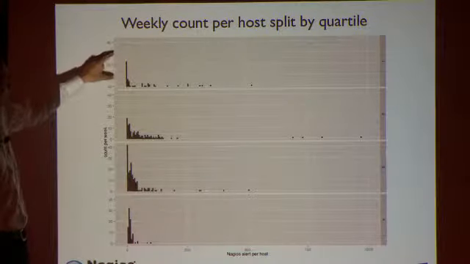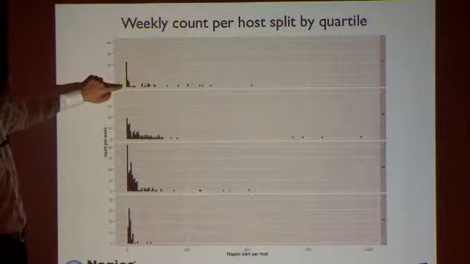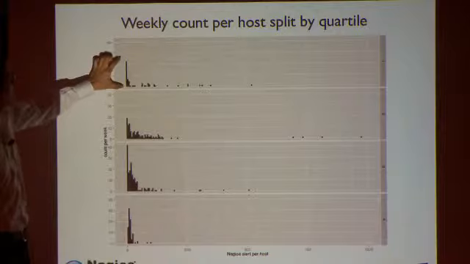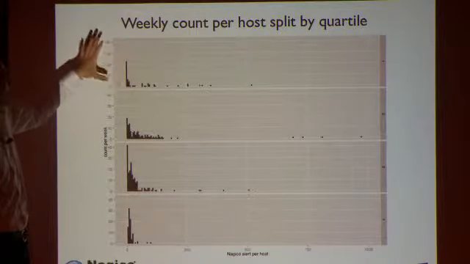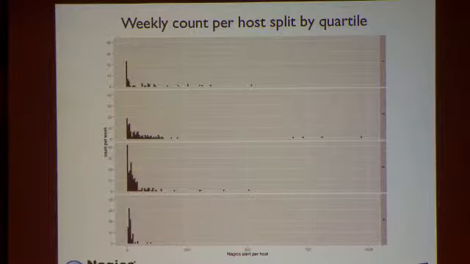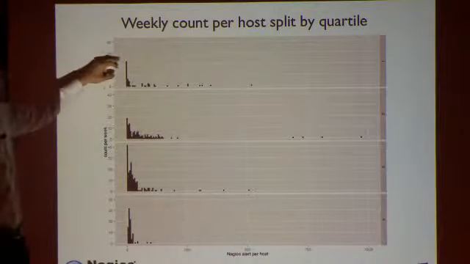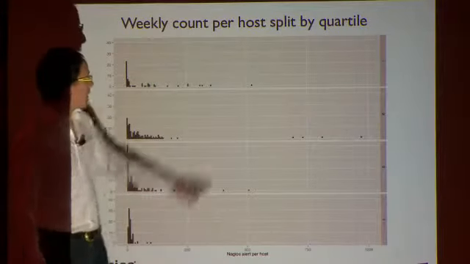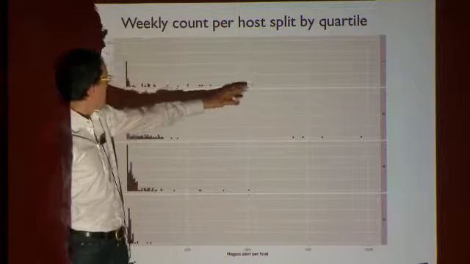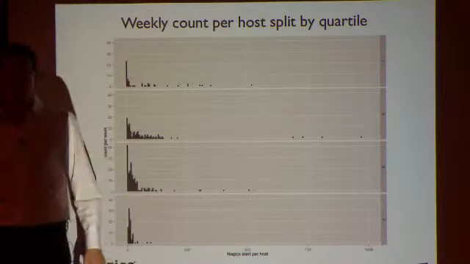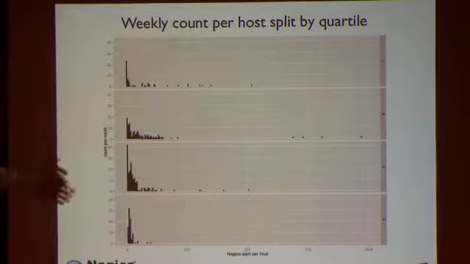Here you can see that on the small players, we see basically few, maybe less than 10 alerts per host, and then it drops radically. As you go along, at least one host had on average 600 alerts.